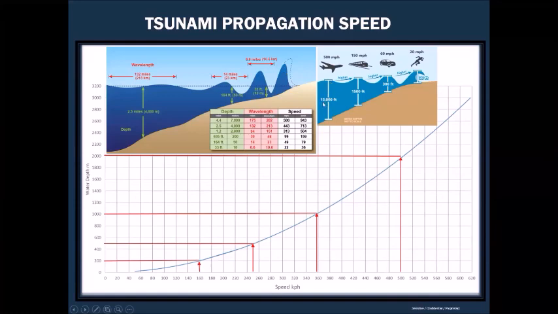If the tsunami occurs at 15,000 feet, the speed will be about 500 miles per hour. So when it's gradually coming to the shore, it's losing the speed and it will break. This is the same calculation: if we have 200-meter water depth, you will get 159 or 160 kilometers per hour.